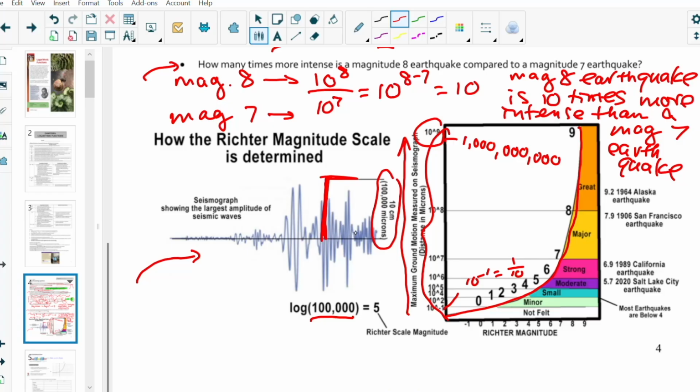Okay, we'll go over that in trigonometry later, right? Amplitude is the height of that wave. Well, you could say, hey, that earthquake I heard about, it was 100,000 microns in amplitude. And then your friend's like, what? Or you can say, hey, that was a magnitude 5 earthquake on the Richter scale. Okay, it makes more sense when you put it in terms of logs.